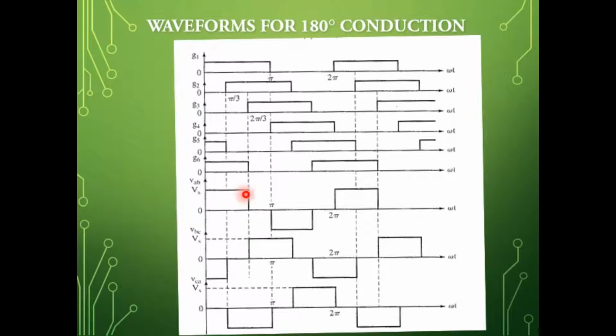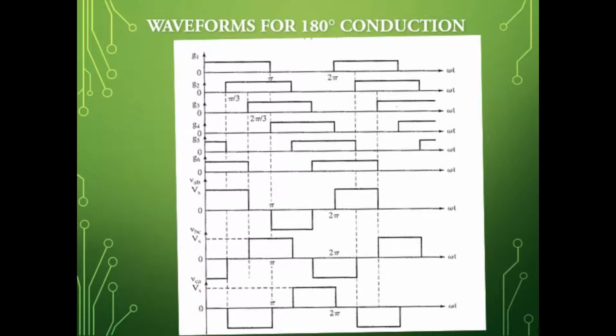So if the top transistors are conducting, those terminals will be connected to the positive terminal of the DC supply. If the bottom transistors are conducting, then they will be connected to the negative terminal of the DC supply. Here we need to obtain VAB, that is the line voltage, VBC as well as VCA.